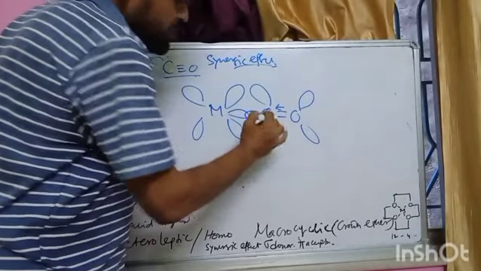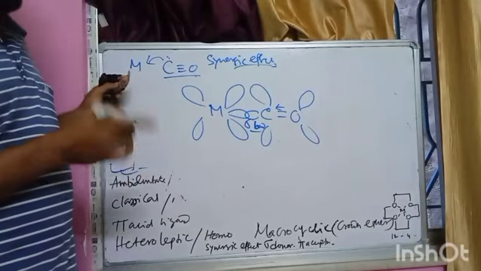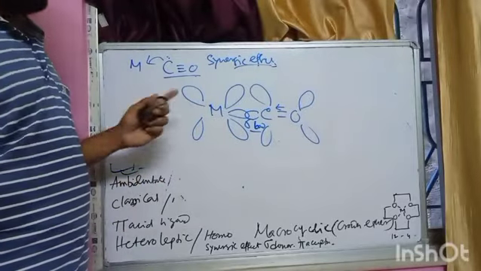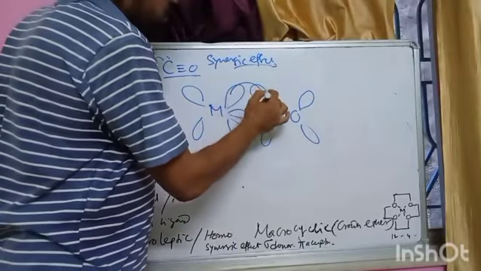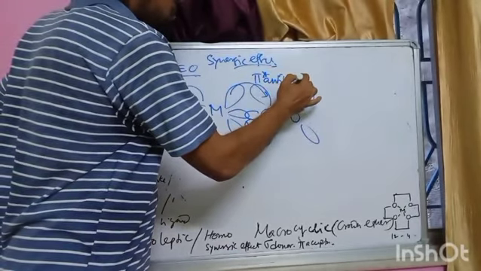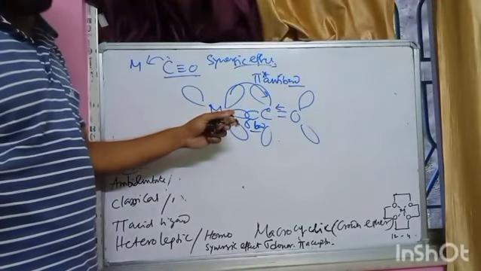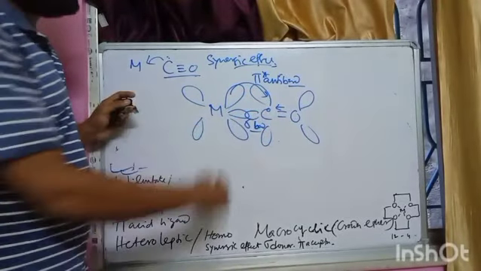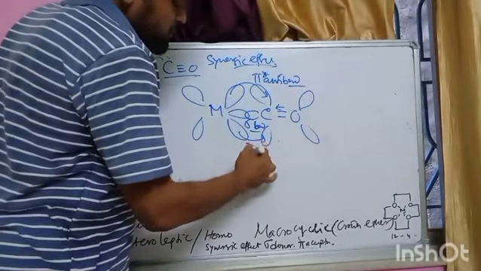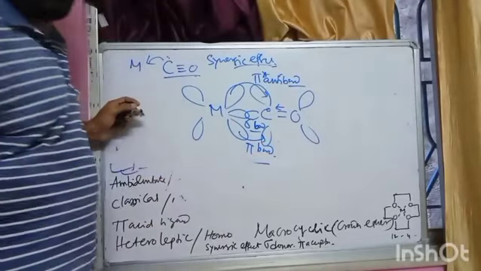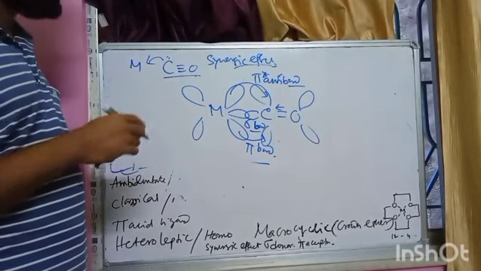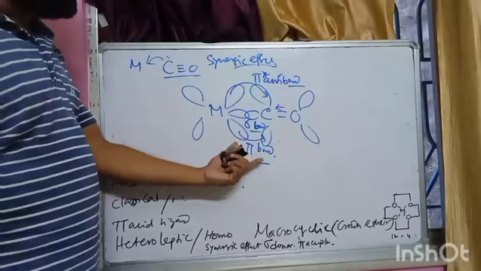So it is called a sigma donor. Reversely, the metal atom donates a lone electron pair into the pi star antibonding orbital of the carbonyl carbon atom. The bond formed is called a pi bond. This pi bond forms by the acceptance of the lone electron pair from the metal atom by the carbonyl carbon atom, so it is called a pi acceptor.